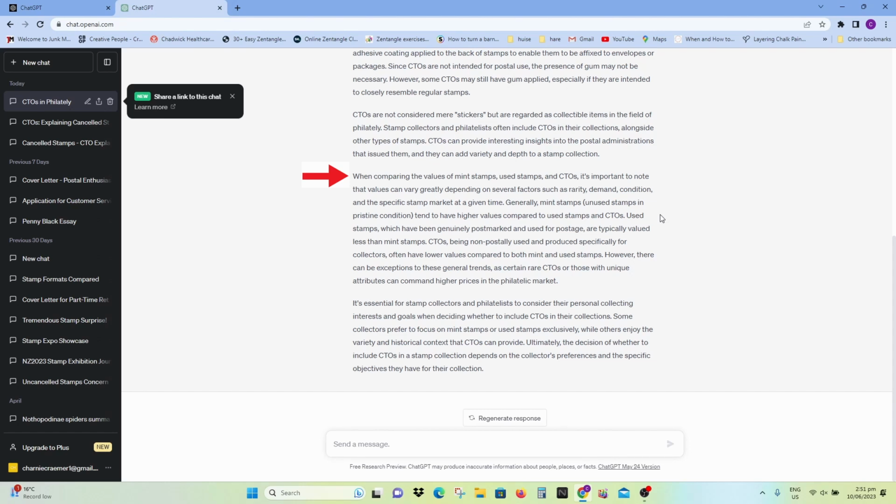Used stamps, which have been genuinely postmarked and used for postage, are typically valued less than mint stamps. CTOs, being non-postally used and produced specifically for collectors, often have lower values compared to both mint and used stamps. However, there can be exceptions to these general trends, as certain rare CTOs or those with unique attributes can command higher prices in the philatelic market.